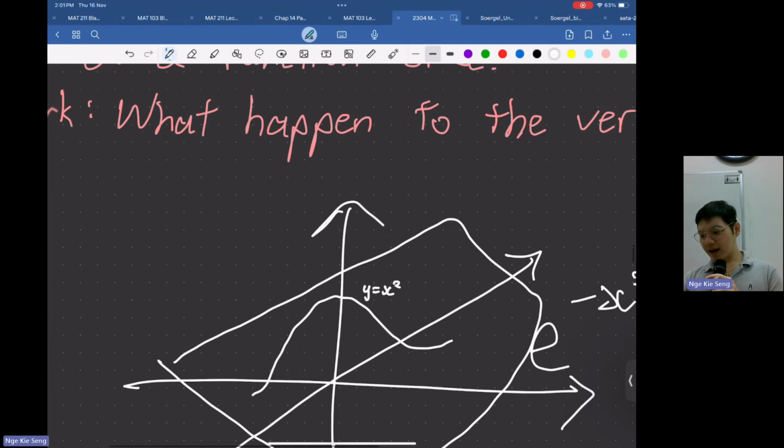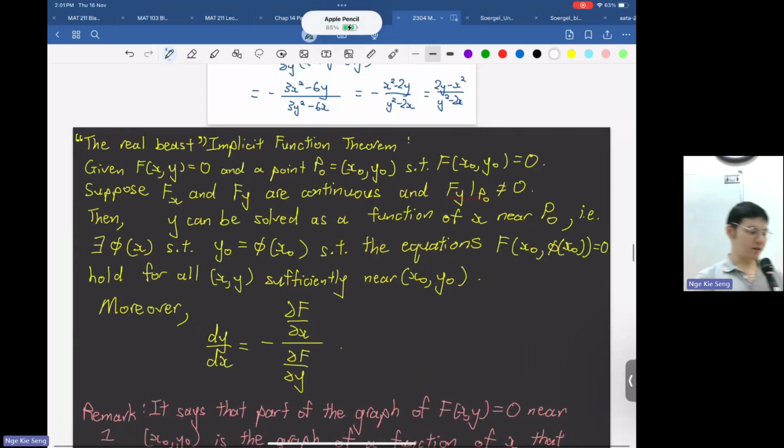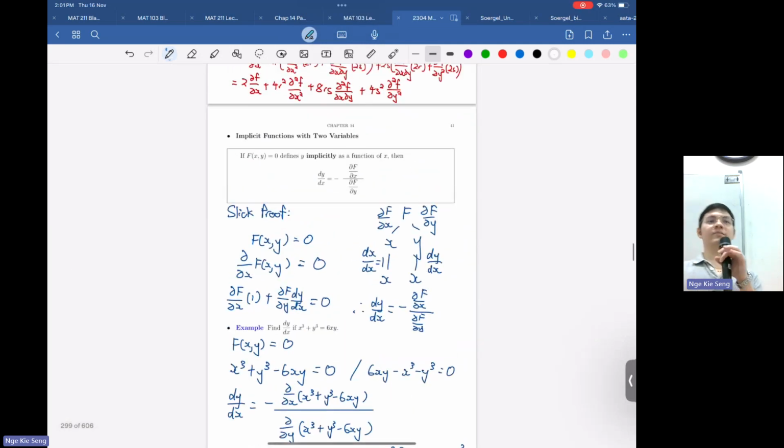So this is the idea of the implicit function theorem. If you want to go deeper, you can; if not, you just need to know how to use it. That's all. Any question on this? No one?